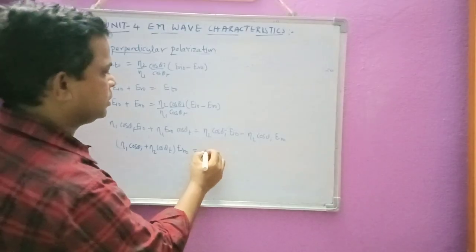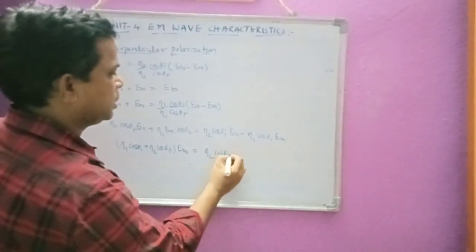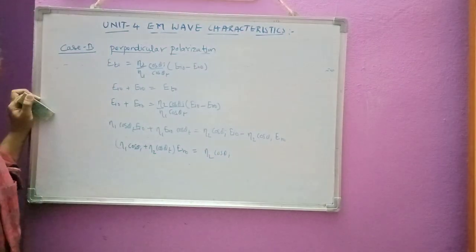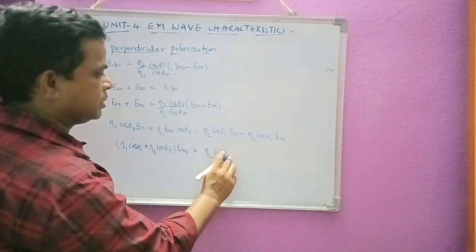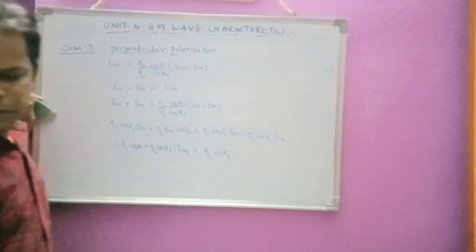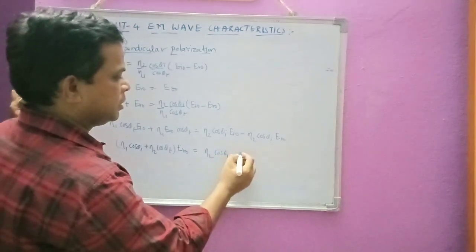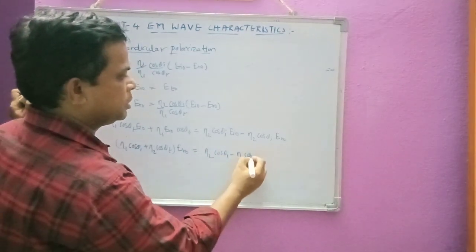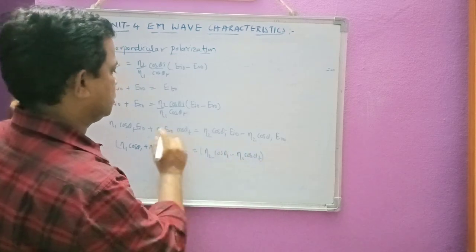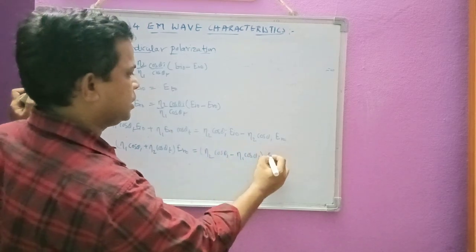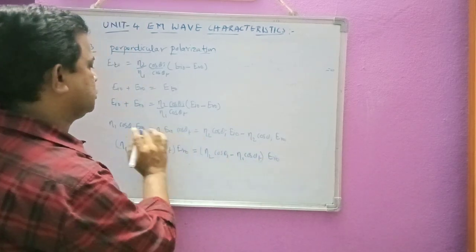Next, eta 2 cos theta t, cos theta I, minus cos theta t, cos theta I minus eta 1 cos theta t into this EI0. I will take this to the right hand side like this.